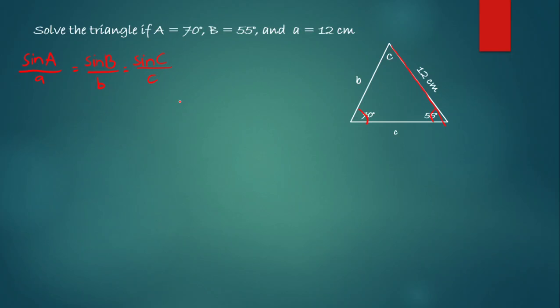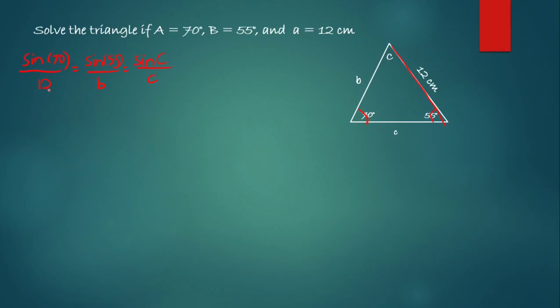If we replace everything with the given, this will be sine 70 degrees, sine 55 degrees, and 12 centimeters.